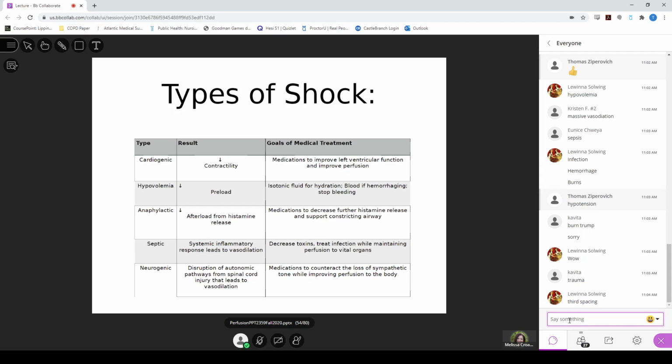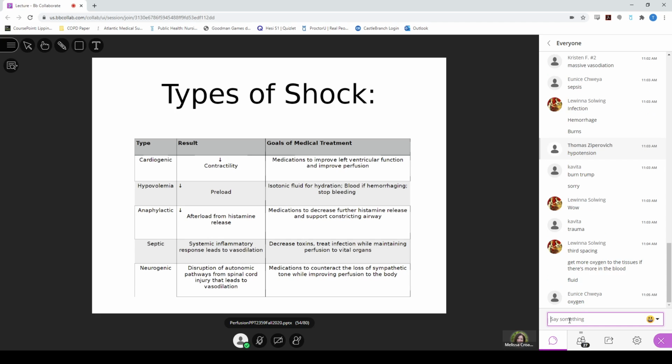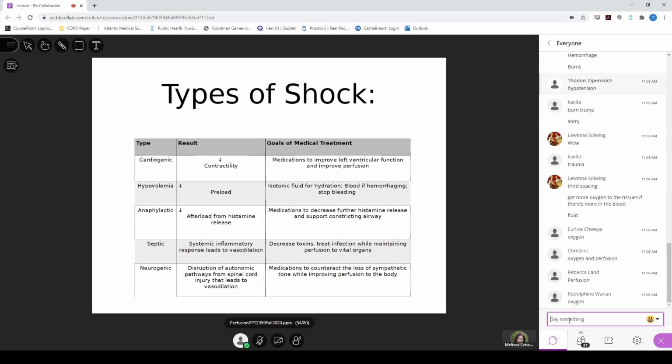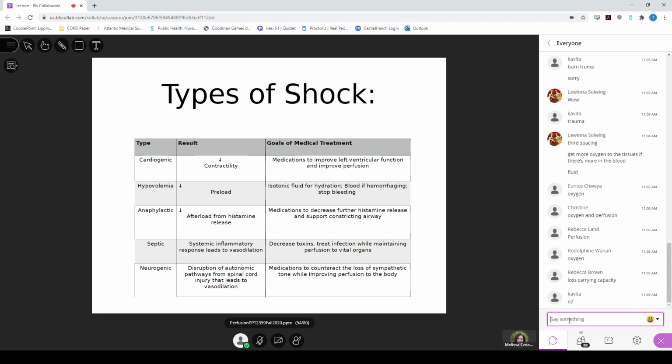You're not just losing blood. What are you losing? Yeah, you're losing that oxygen carrying capacity, right? So when you lose blood, you're losing that hematocrit and hemoglobin also. They're going to help you circulate that oxygen. So you need to saturate the circulating blood with oxygen as much as you can get in there.